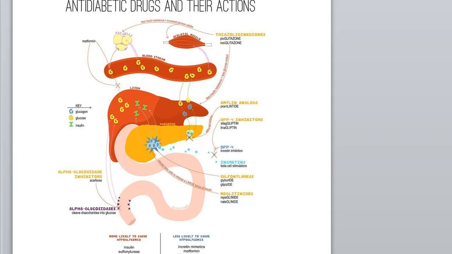Do not use in type 1, obviously. Again, be cautious with patients who are taking herbal supplements. And again, just watching blood glucose for the potential of hypoglycemia.